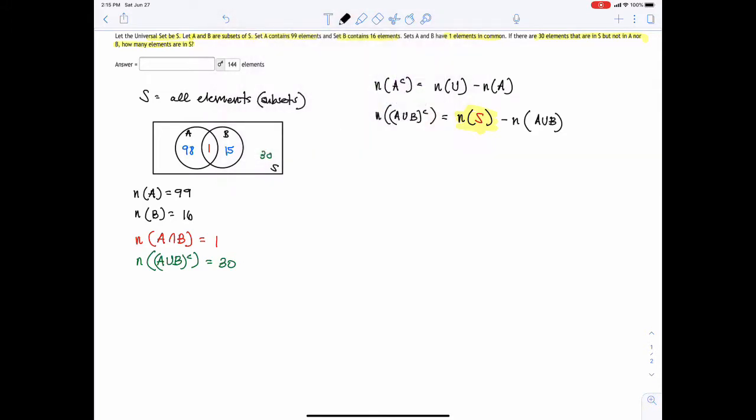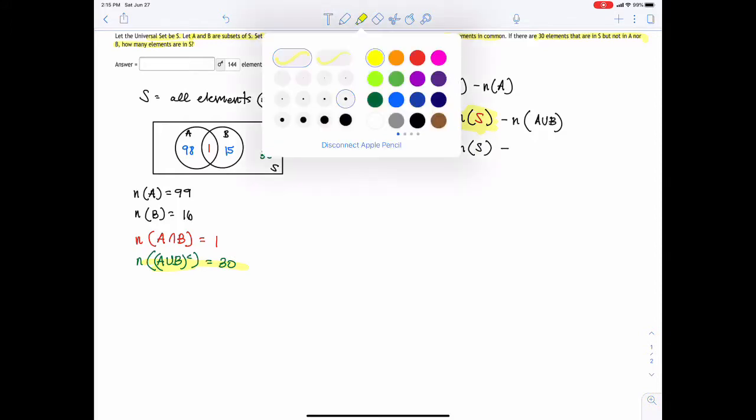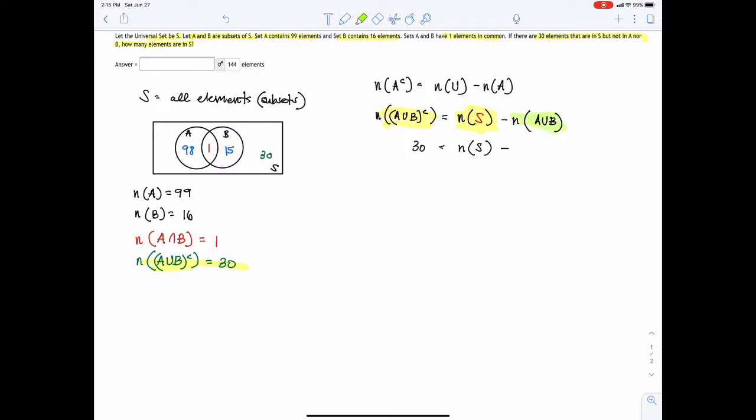So this means that I have this information, right? That's 30 equal to that cardinality, which I don't know, minus the number of elements in A union B. So A union B is all this here. So we'll have 98 plus 1, which is 99, plus 15.